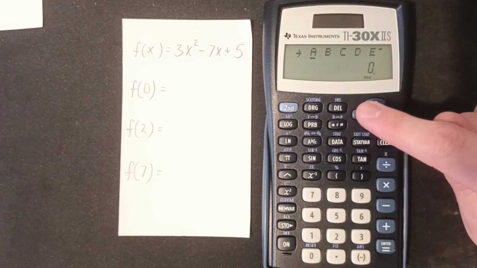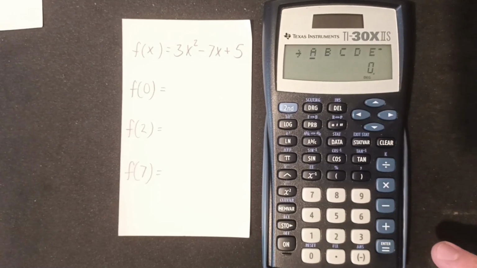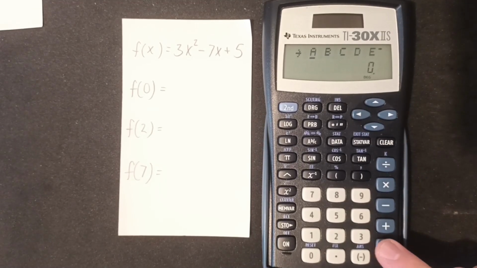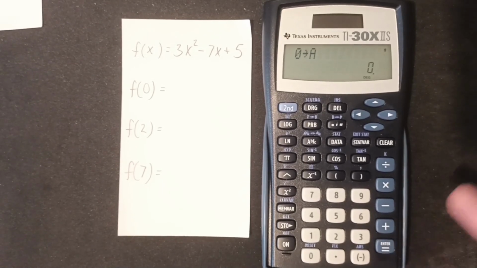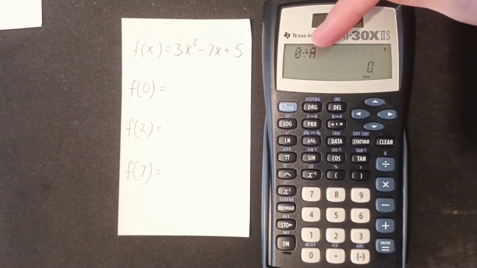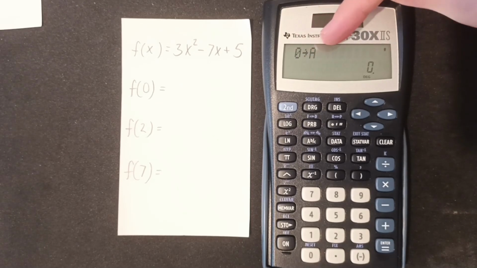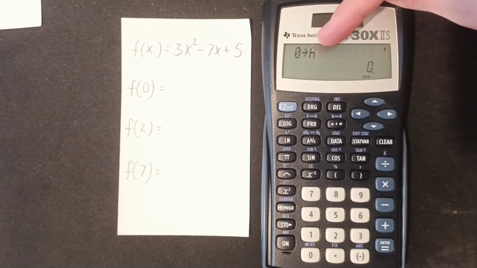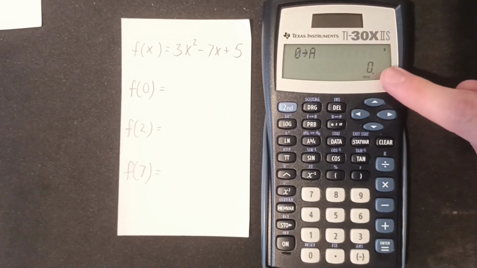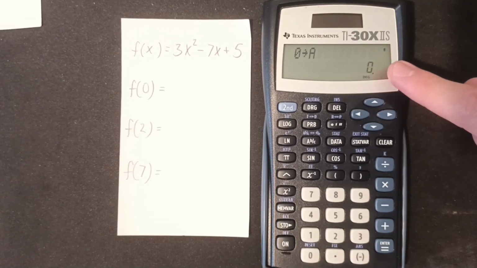But we want to store our value in A, so we're going to select it by hitting enter. Okay, so you can see we are storing 0 in A. That's what 0, and then the arrow means store, and then we're storing it in A. Okay, so 0 is in our variable A.